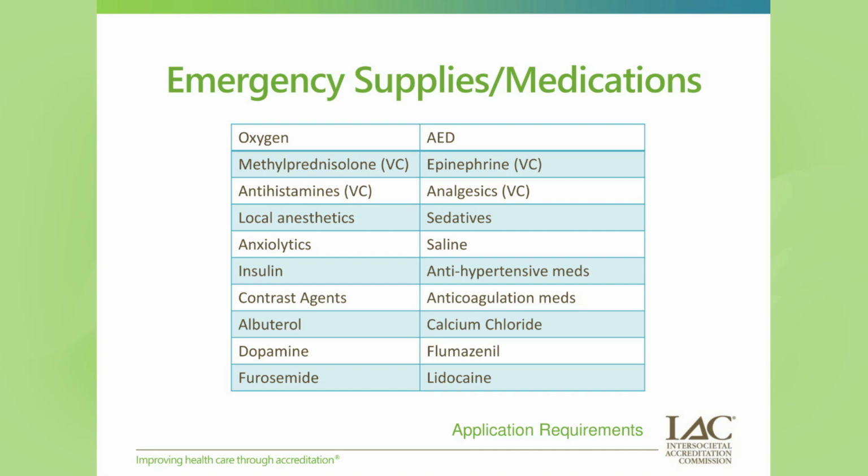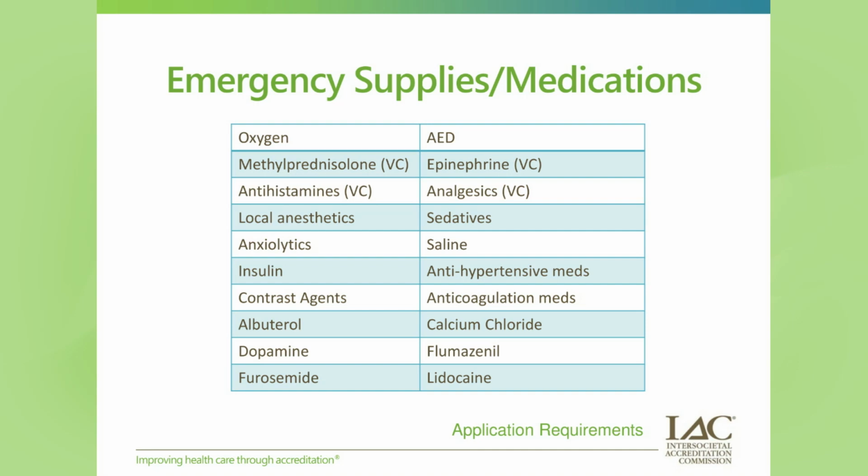A little bit about the emergency supplies and medications that are required. We have oxygen, AED. The ones noted here for epinephrine, analgesics, antihistamines with the VC, those are required for vein center accreditation.